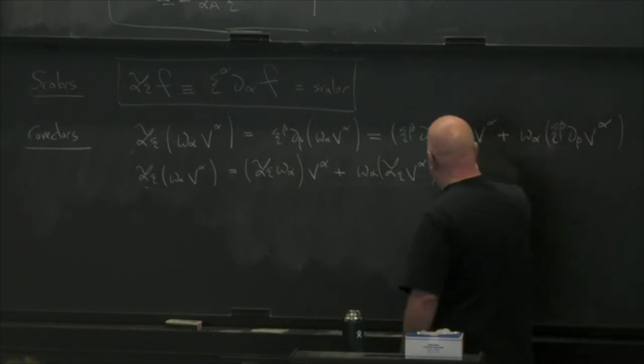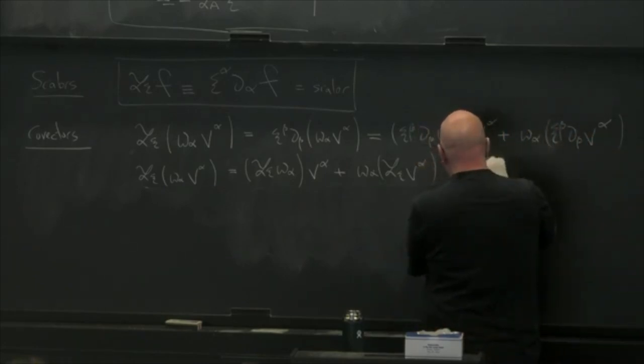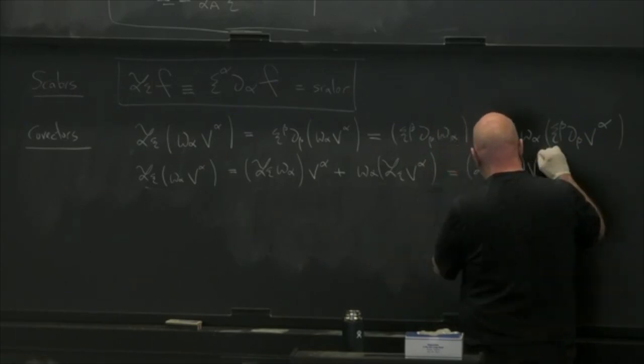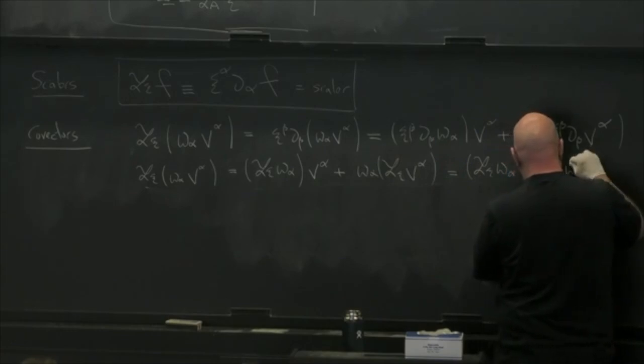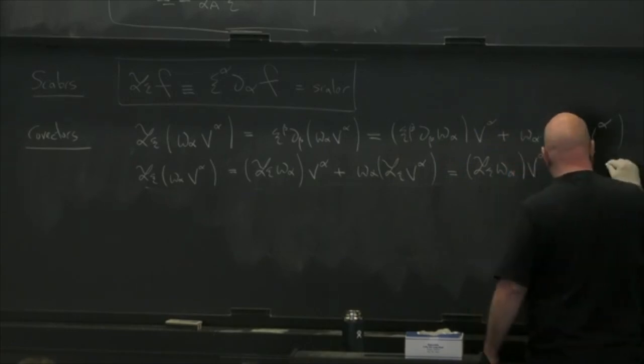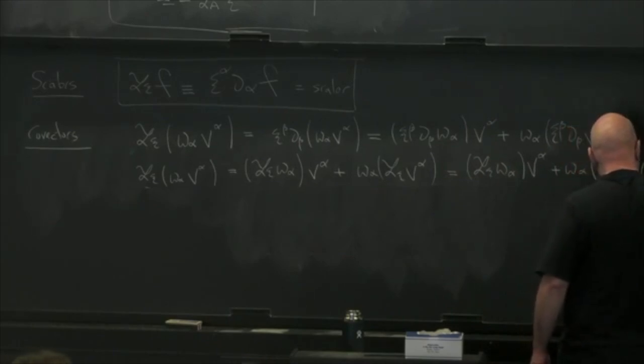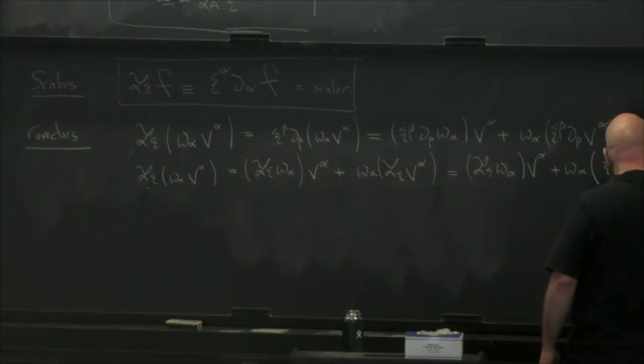So I'm just going to write a second line here, Lie derivative acting on omega plus omega alpha. And here we're going to have directional derivative minus the other way. Like that.